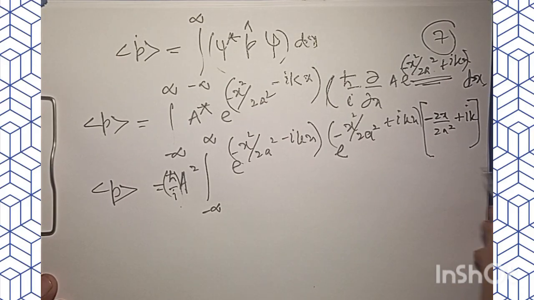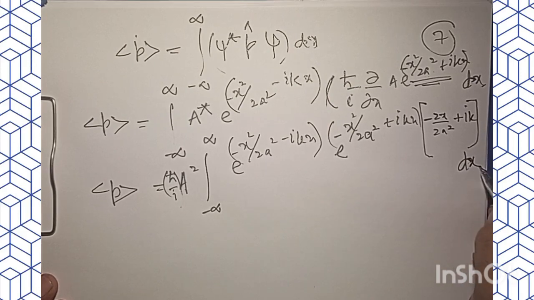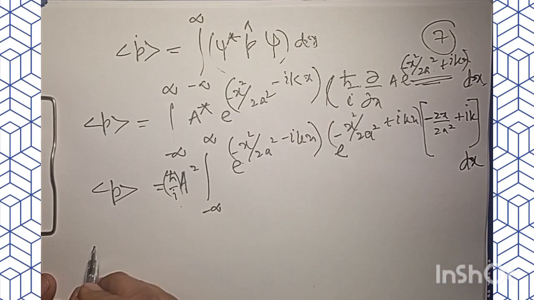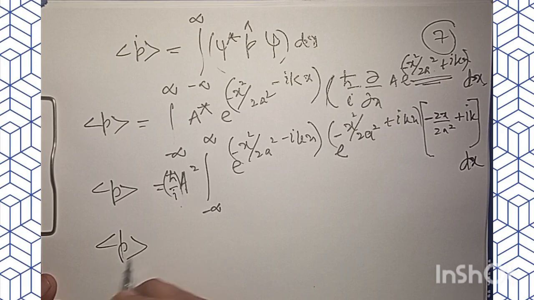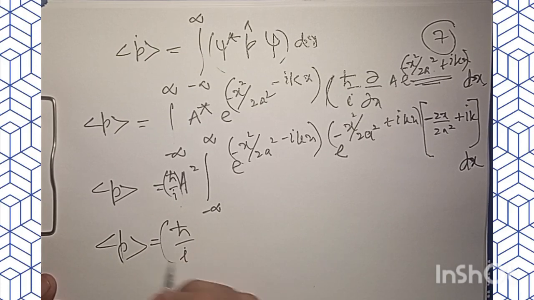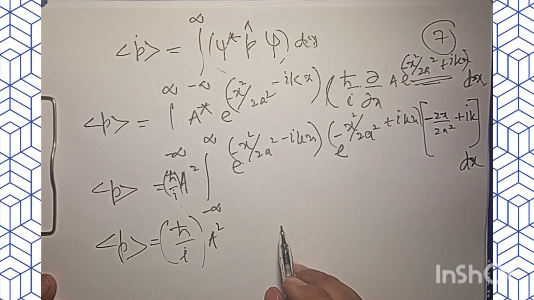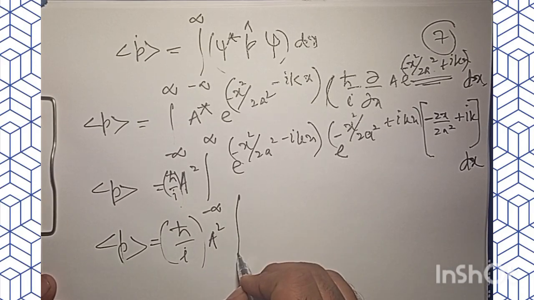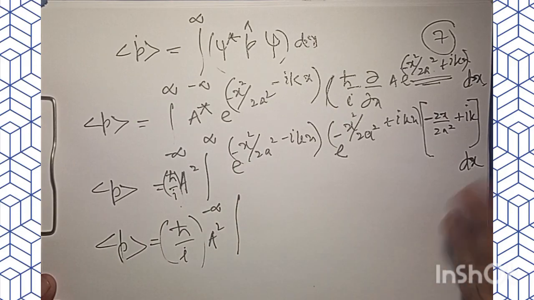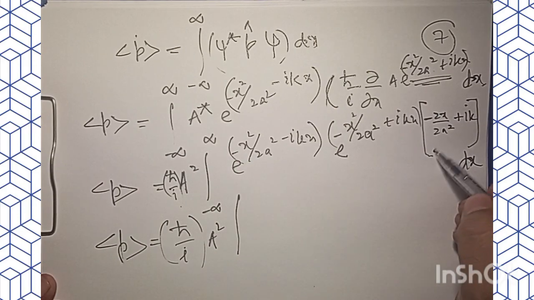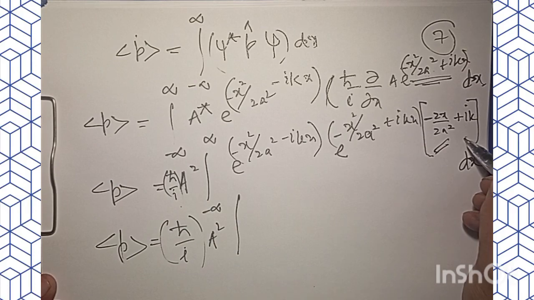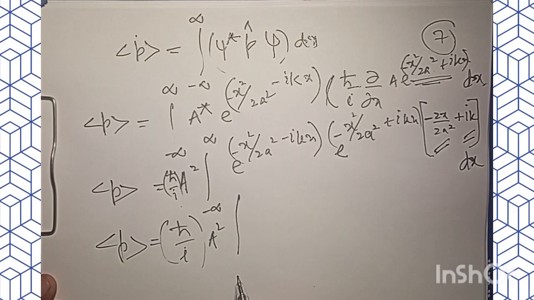And then I would like to have dx for this whole thing. So this p, the expectation value of the momentum, will be h cross by I times a square. Now we can see from here we will have two integrals, one in terms of this and another in terms of iota k. That will be the case.